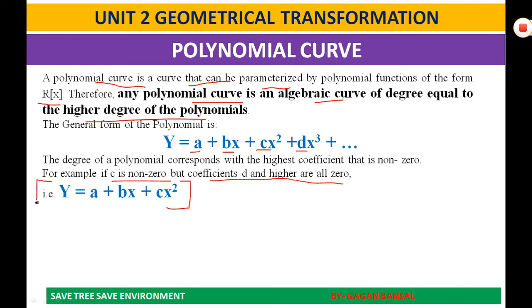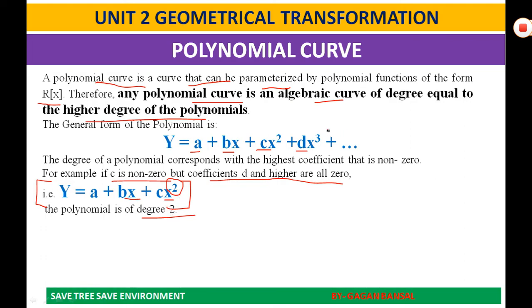So in this particular equation, the polynomial is of degree 2. What is this 2? 2 is the highest power of the independent variable. Here the independent variable is x. So the non-zero coefficient is c, which has the independent variable x whose power is 2. So the degree becomes 2.